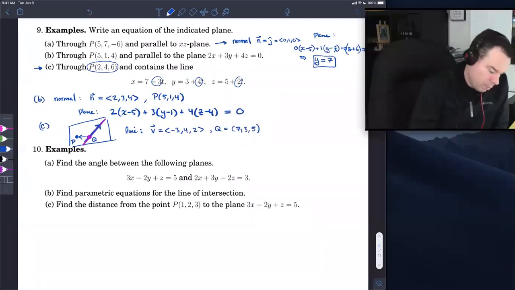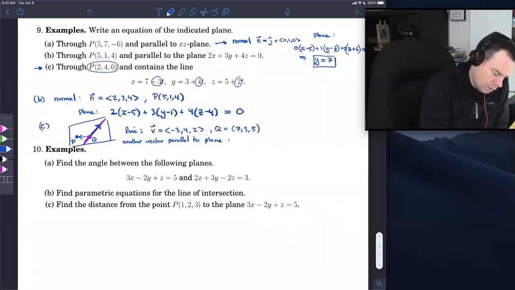And with that point and the other one we know, we can get another vector parallel to the plane.